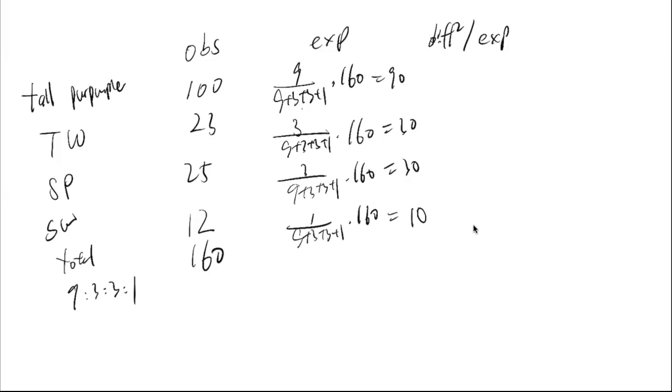Then I want to calculate the difference squared over expected value. That's how we always do chi-square testing. The difference is observed minus expected, squared, divided by expected.